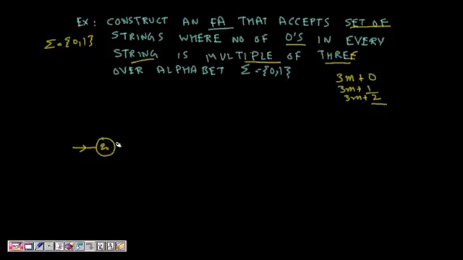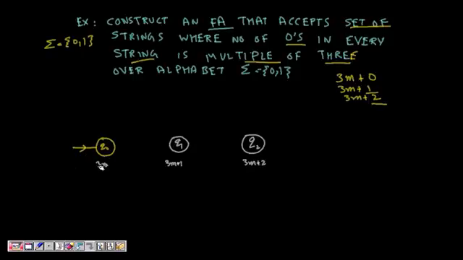I start from Q0, which is of the form 3m. Then I should also have Q1, which is 3m plus 1, and Q2, which is 3m plus 2.